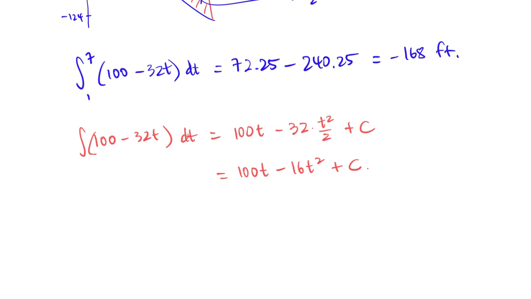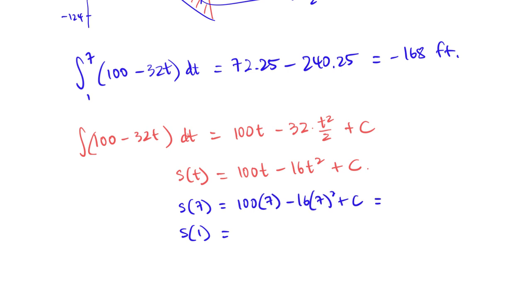This is the position function. Remember that the displacement is the change in the position, so we will evaluate s of 7 and s of 1. S of 7 is 100 times 7 minus 16 times 7 squared plus c. This is negative 84 plus c.